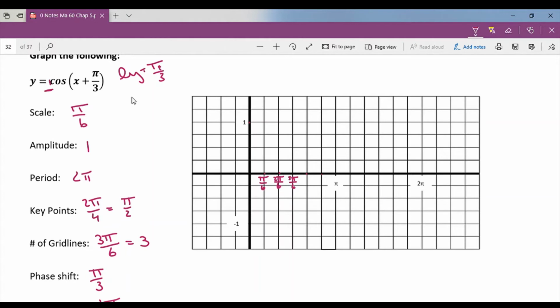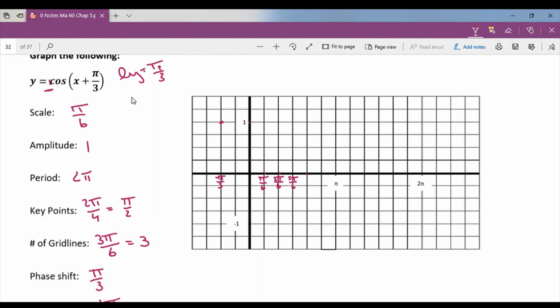So what we're going to do is look at the fact that this is a cosine graph. A cosine graph follows x, so it starts at 1. But instead of starting at 0, 1, you're going to move this left 2 grid lines to start at negative pi by 3. So this would be negative pi by 3 or negative 2 pi by 6, 0 or 1. And then every 3 grid lines, you're going to have a key point.